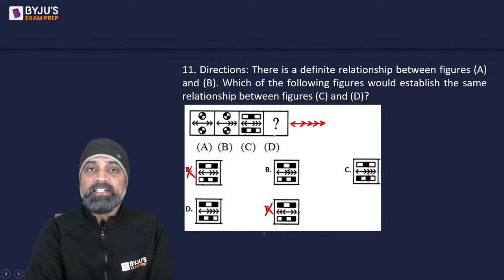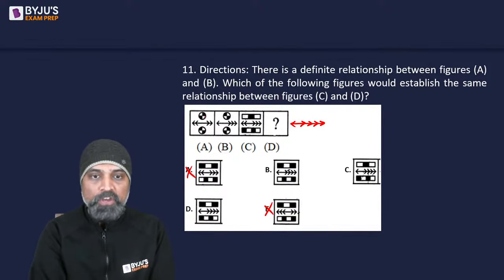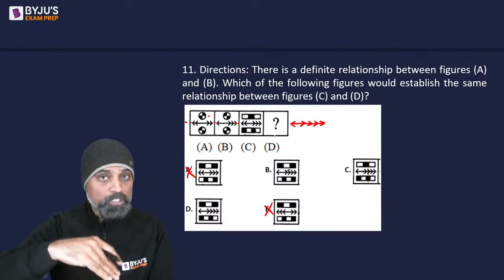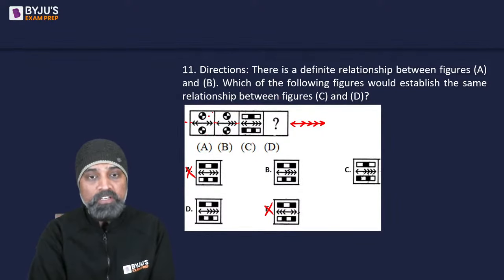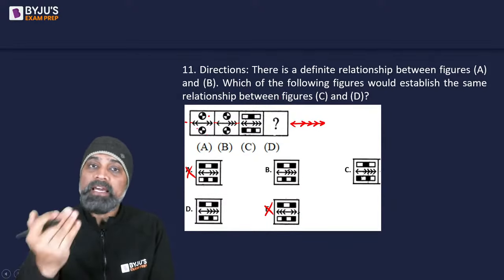Now, let's look at the circles on the top and bottom. If you look at the 2 circles, they are mirror images, as if the arrow is the mirror. The same is true for the next figure B. It looks like a mirror, right? The top circle and the bottom circle are mirror images of each other. The shading has taken a turn, as in the white has become black and black has become white.